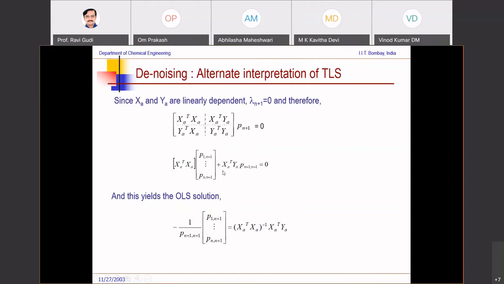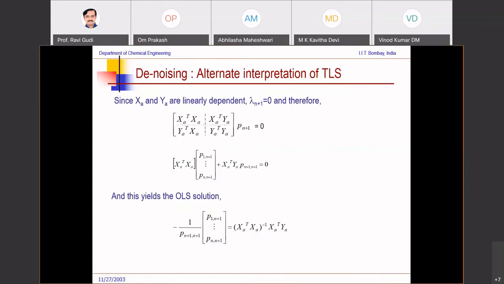Okay. Theoretically, what I'm able to show you is that for the clean case, I look at the eigenvector corresponding to the smallest eigenvalue, in this case it is 0. I scale the first n elements by the n plus 1th element, take a negative of that, then that is my solution vector, because theoretically that can be shown to be equal to X transpose X inverse X transpose Y. Okay, so for the theoretical case, I know that now this works.